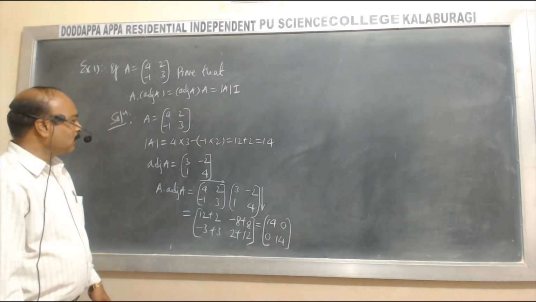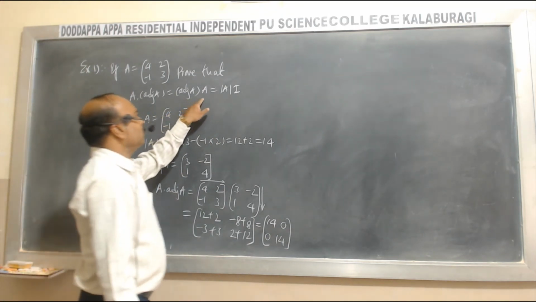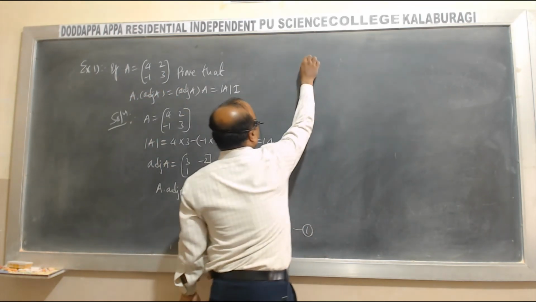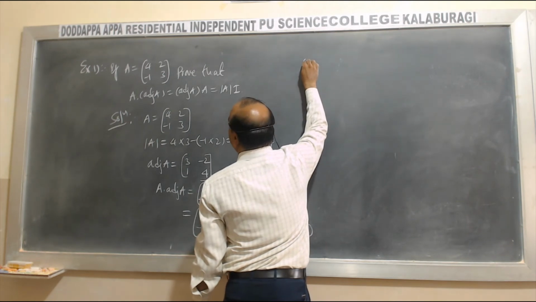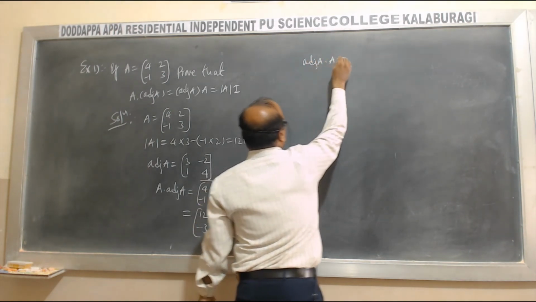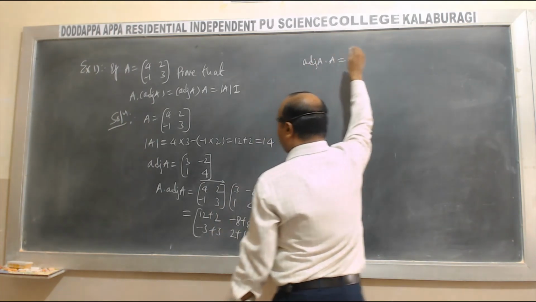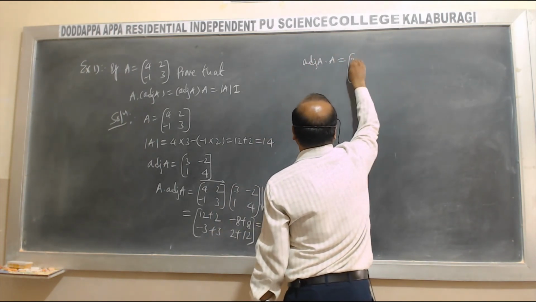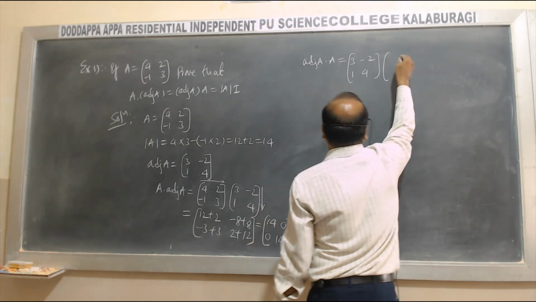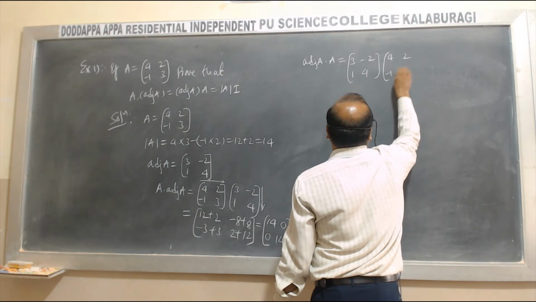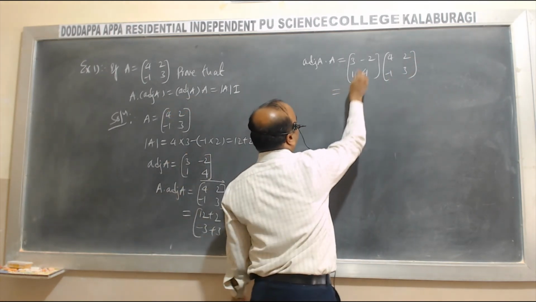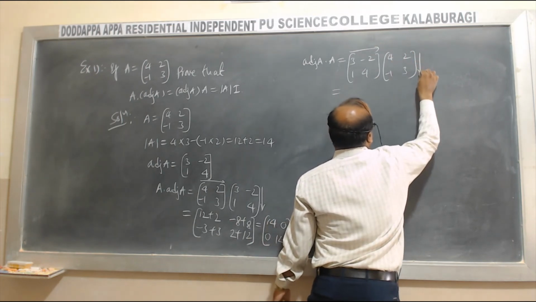Now we consider adjoint of A into A. So this is equal to adjoint of A, we write first, [3 minus 2; 1 4] into A, which is [4 2; minus 1 3]. Now we simplify this by multiplication.